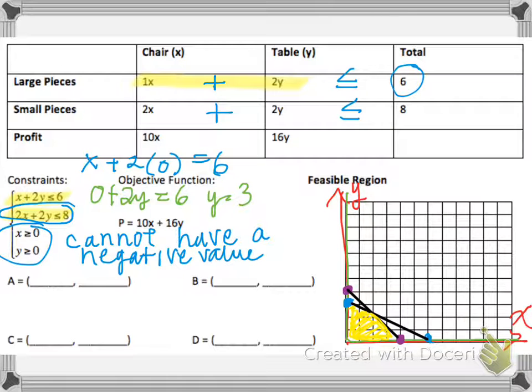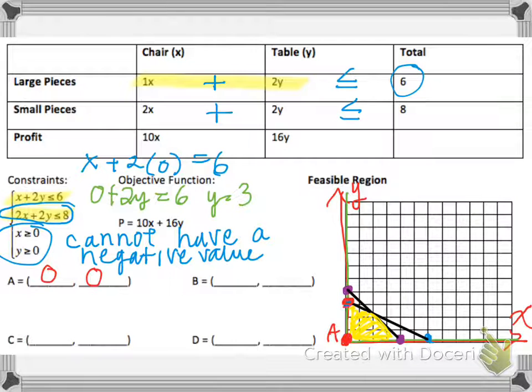So now I want to identify my vertices, because I know that if I'm trying to maximize my profit, it's going to appear at one of my vertices. So if I take a look, my first vertex is the origin, so I'm going to call A 0, 0.